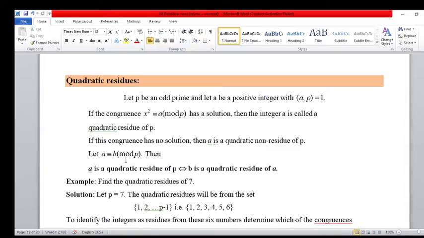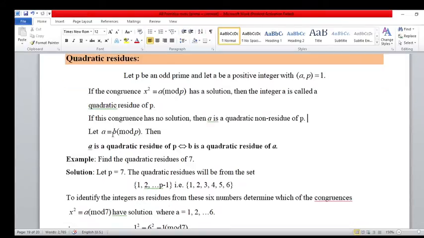Let a be congruent mod p, then we have two lines. If this equation has a solution, then a is called a quadratic residue, and if this equation has no solution, then a is called a quadratic non-residue.